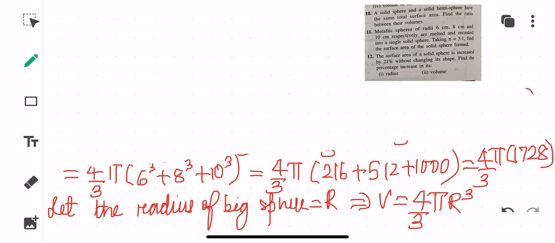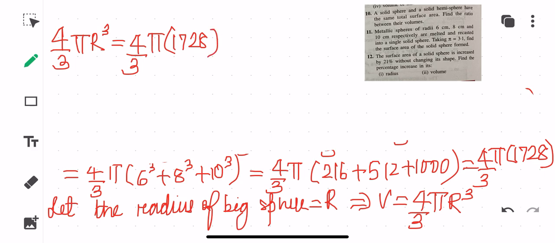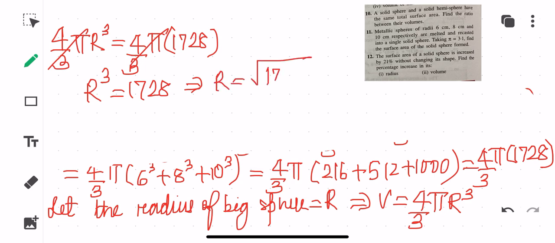So now you will write that 4 upon 3 pi into capital R cube is equal to 4 upon 3 pi into 1728. Here 4 upon 3 pi gets cancelled. So R cube is equal to 1728, which implies the value of R is the cube root of 1728, equal to 12 centimeter. This is the radius of the bigger sphere.